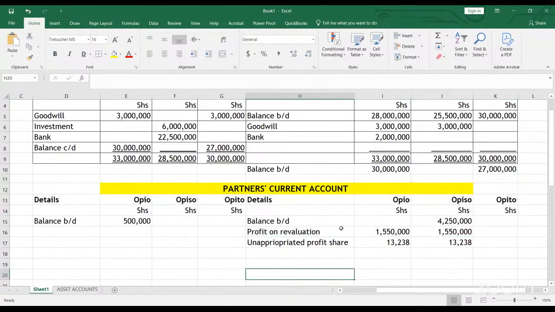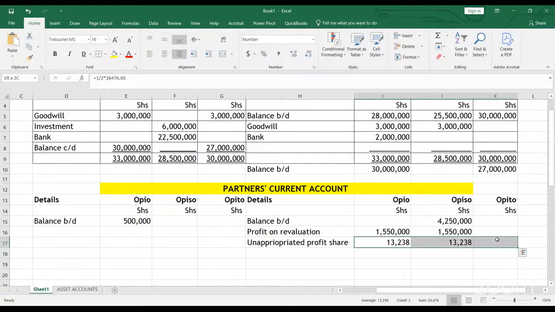Current account, what do we have there? There is nothing much. Our opening balances are there, the profit shares are there, revaluation shares are there. So let's balance this. Add up.